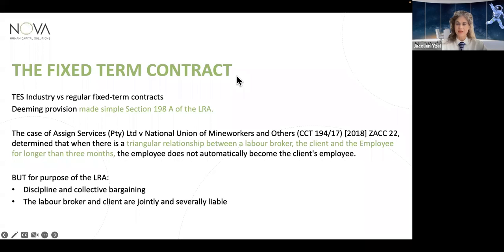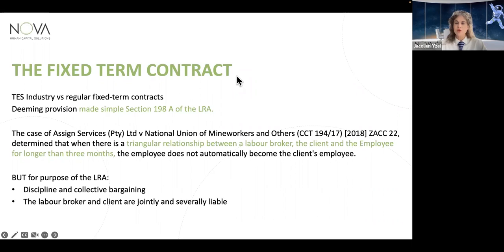What does that mean? It does not mean that the employee can demand a permanent contract and now jump from the broker's payroll onto the client's payroll. No. The deeming provision says for the purposes of collective bargaining and fair labor practices, you will be regarded as if you are a permanent employee.